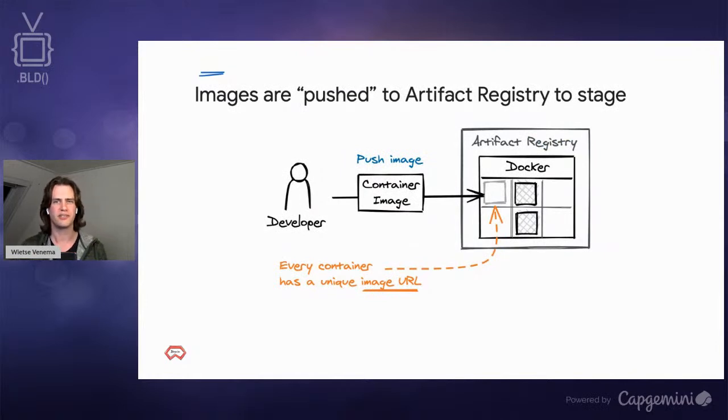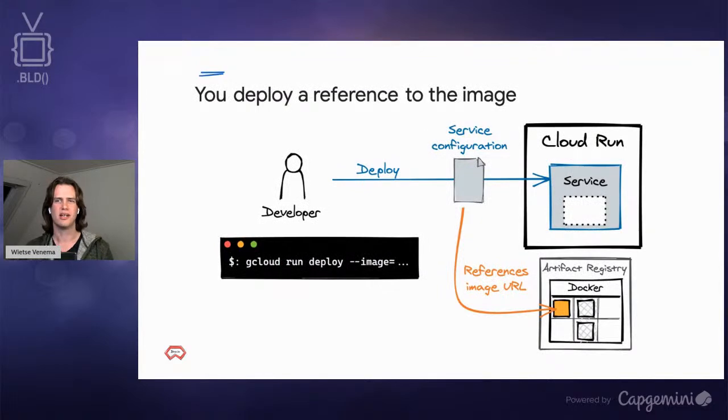As soon as you're ready to deploy your container image to Cloud Run, you begin by pushing, that's uploading in the container language, the image to the Docker repository on Artifact Registry. Your container image will have a unique name, a unique image URL in that repository, which you then can use when you deploy to Cloud Run.